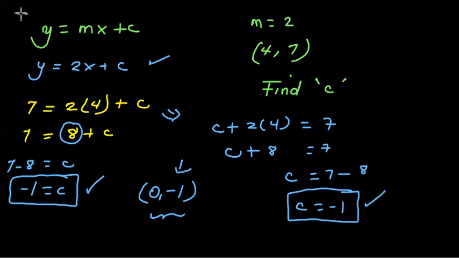I know that M, let's say, is equal to minus 2. And I know that this line passes through the point, let's say, minus 4 and 12.